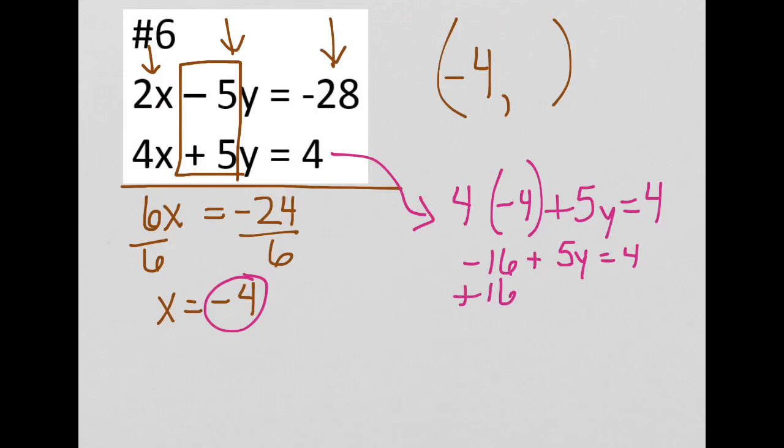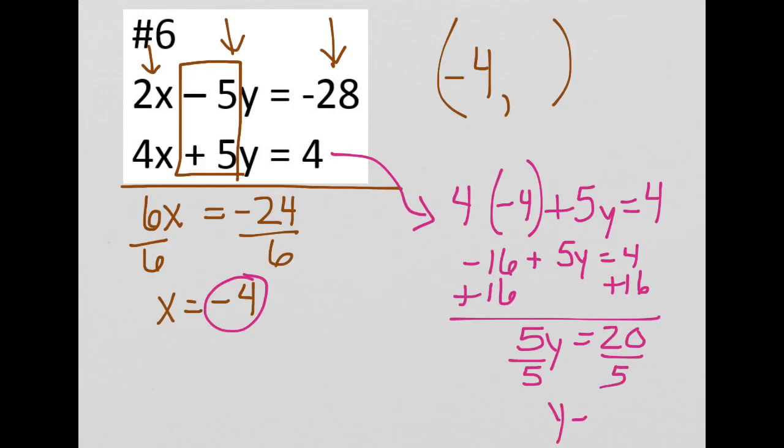Let's add that 16 to both sides. When we do that, we end up with 5y equals 20. Divide both sides by 5, and y equals 4. So if x equals negative 4, then y equals positive 4. And that's our answer. That's the point where these two lines intersect.